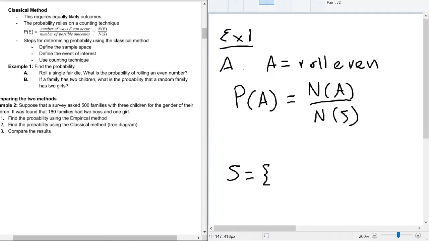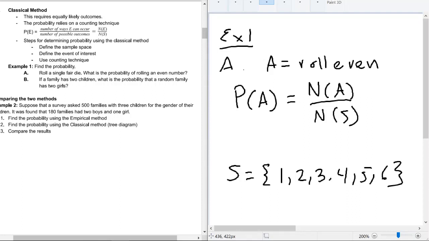That single fair die has the outcomes 1, 2, 3, 4, 5, and 6. Notice the sample space is defined as all possible outcomes in the experiment. 7 is not a possibility if I'm rolling a single fair die. Decimals, fractions, or negatives are not possible either. 1 through 6, those are all possibilities in this experiment.